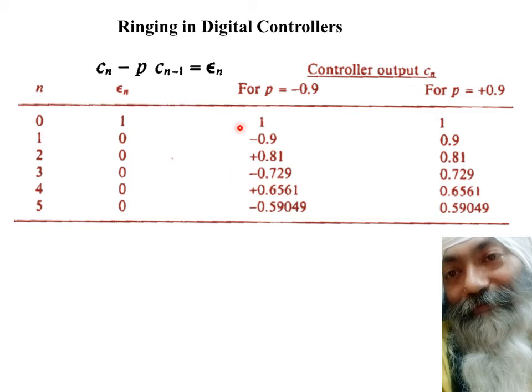Here the polarity of controller is changing. It means that if I take the range of controller from -1 to +1, -1 means controller is totally giving output asking the final control element to be totally closed. -1 means 0% open, and +1 means 100% open. Let us say, in that case, what will happen?